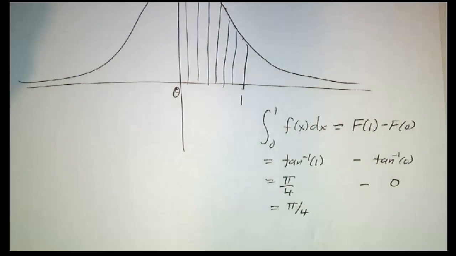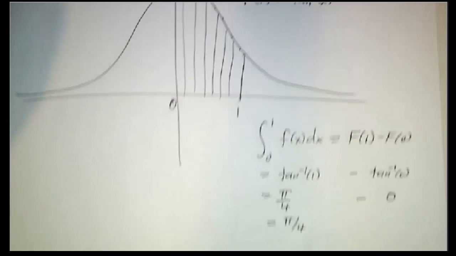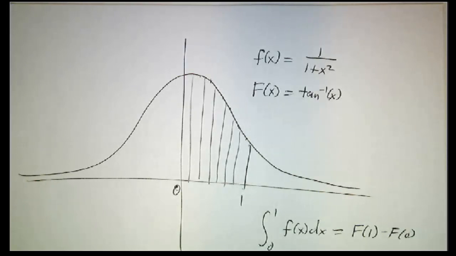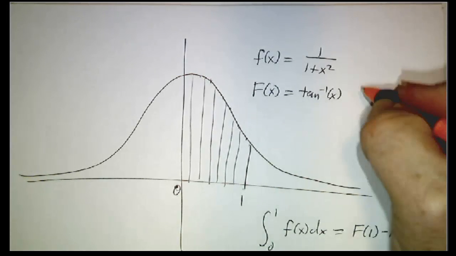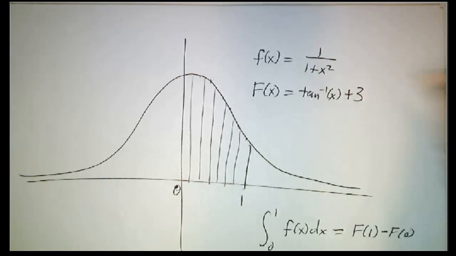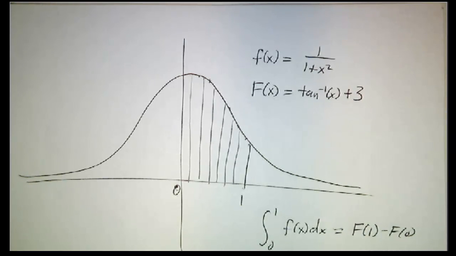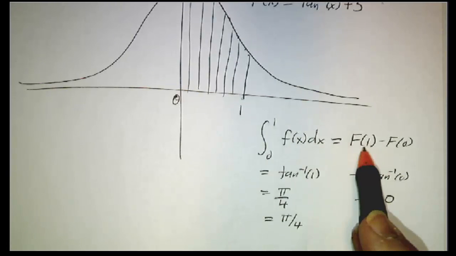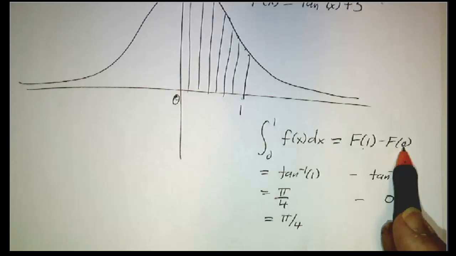Now, I did something sneaky. I said the antiderivative, but there's actually a bunch of antiderivatives. What if somebody said, let's use arctangent plus 3 instead? It's just as good as the first one. The derivative of this function is 1 over 1 plus x squared. Well, then the fundamental theorem of calculus would still work. You'd still get big F of 1 minus big F of 0.